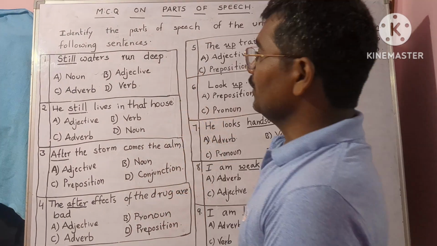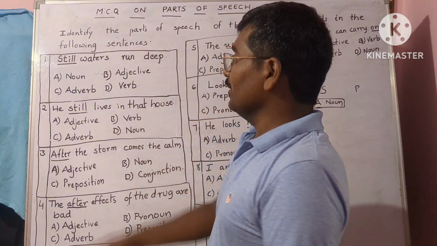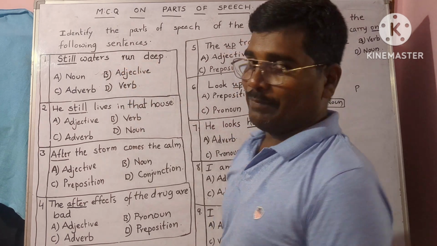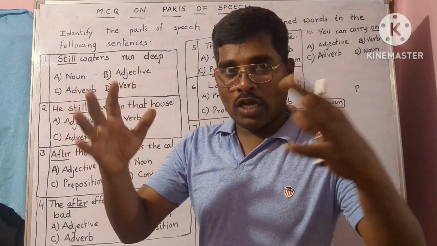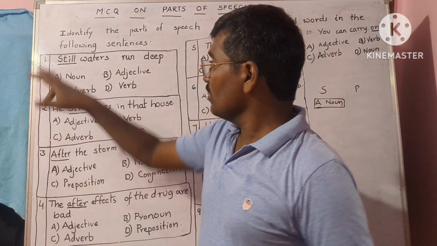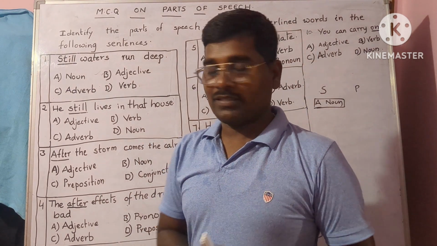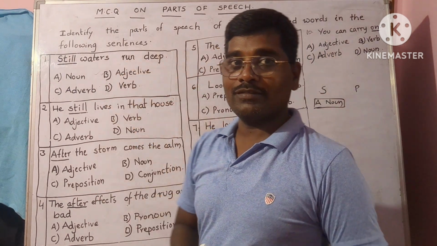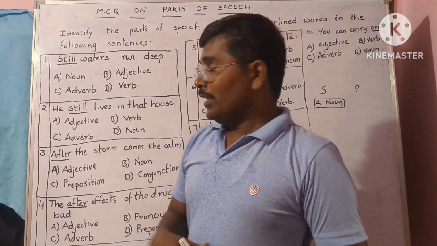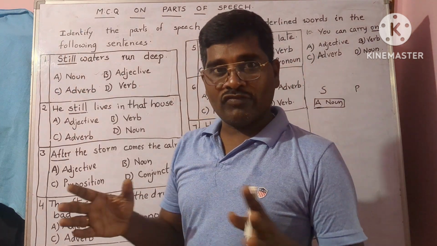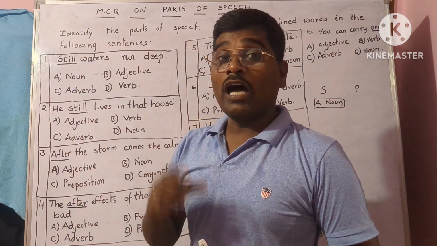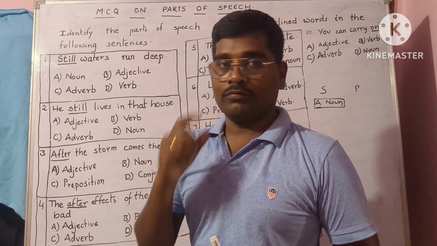The first question: still waters run deep. When you break down the sentence into two parts, still waters is the subject and run deep is the predicate. Here, in the place of a subject, as we know, there comes a noun phrase or a pronoun.